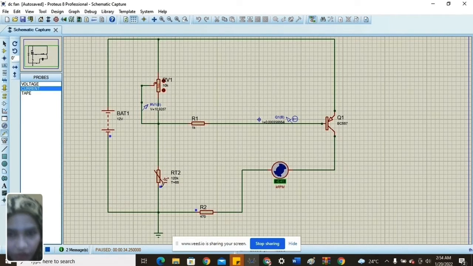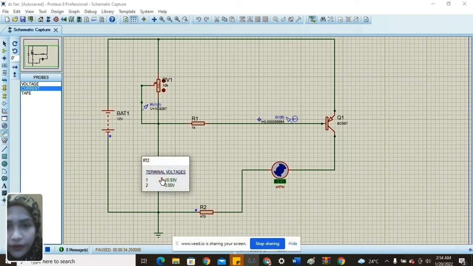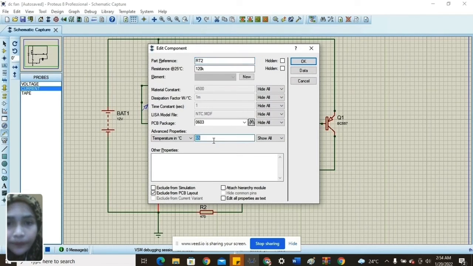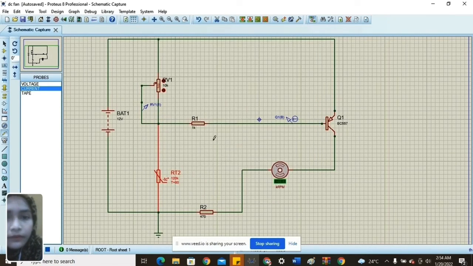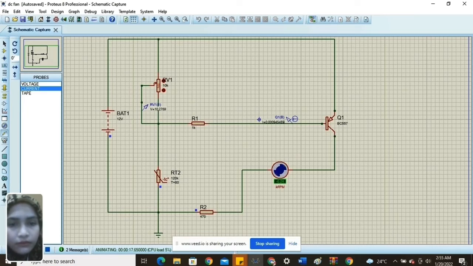Okay, next we will change the temperature at the thermistor from 65 degrees Celsius to 80 degrees Celsius, and we will run the circuit. As we can see here, when the temperature is 80 degrees Celsius, the DC fan rotates at a high speed, which is 0.51 kilo RPM, which is equivalent to 510 RPM.